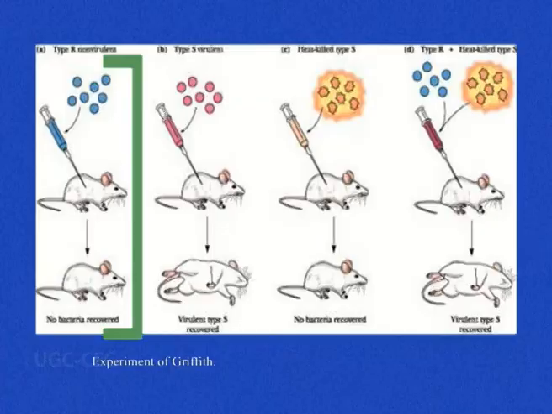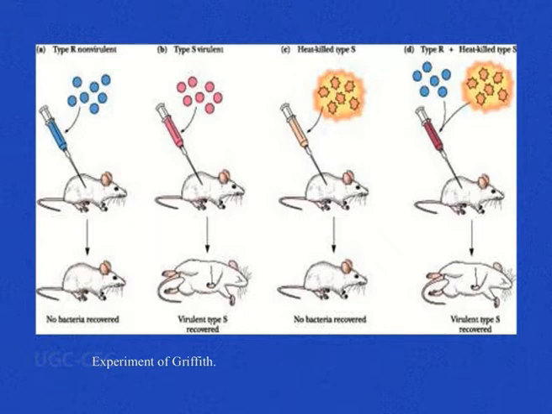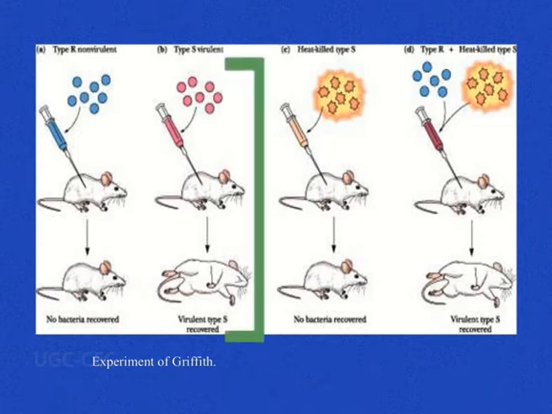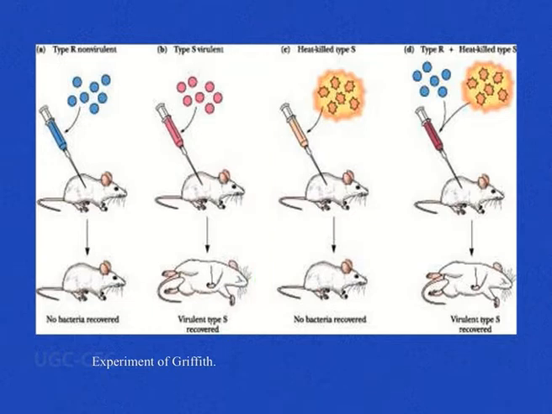When 2R was injected into a rat, the rat survived. That means the rat was destroying the bacteria, and the bacteria could not kill the rat. At the same time, when 3S pneumococci was injected, the rat died because of pneumonia. So naturally, 3S was the virulent strain and 2R was the avirulent strain.